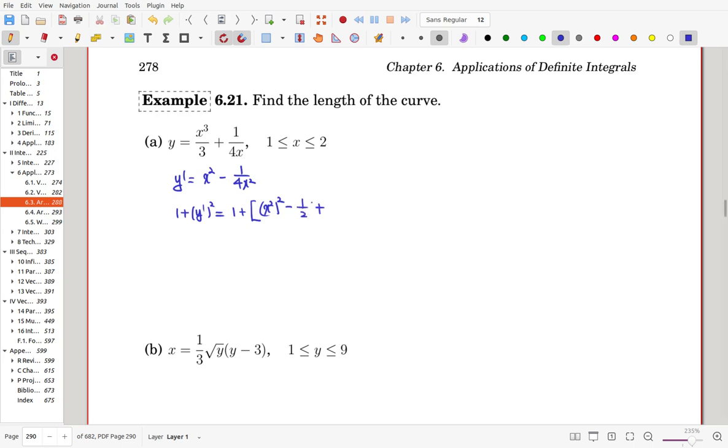Now plus b squared, which is 1 over 4 x squared. Now, here there's 1. We'll add this 1 to the minus half, and then it will change into plus half.